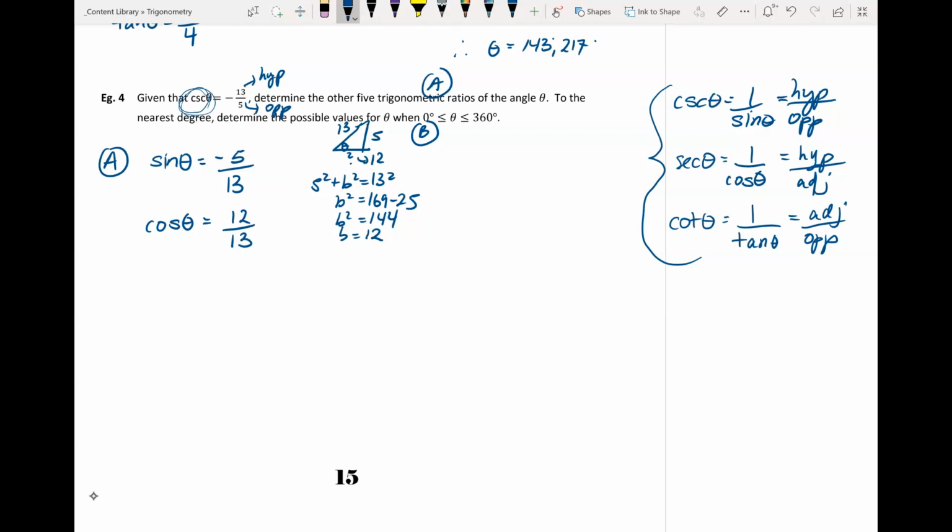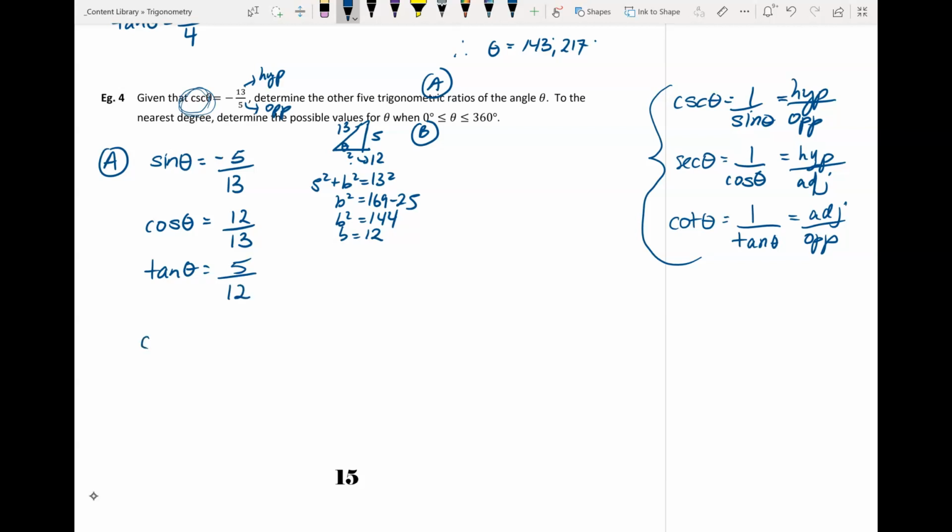And now we don't really know what quadrant it's in. It could be in quadrant 3 or 4 because cosecant is negative. I'm just going to assume that maybe this thing is in quadrant 4 for this one, and then when I'm doing tan, I can just assume it's in quadrant 3 so that they can both remain positive. So for tan theta, this is going to be opposite over adjacent, which is 5 over 12.